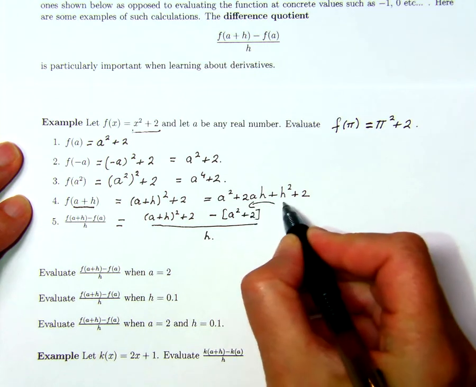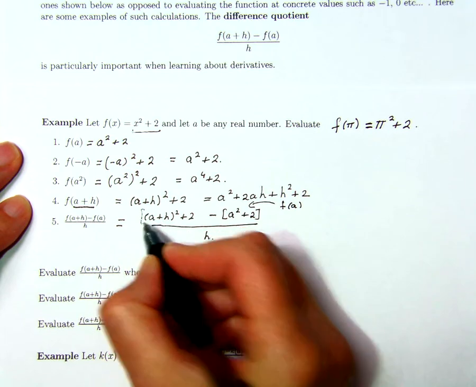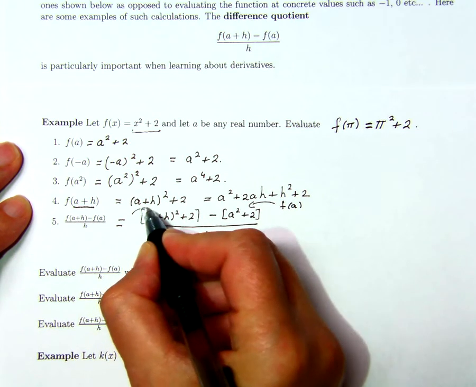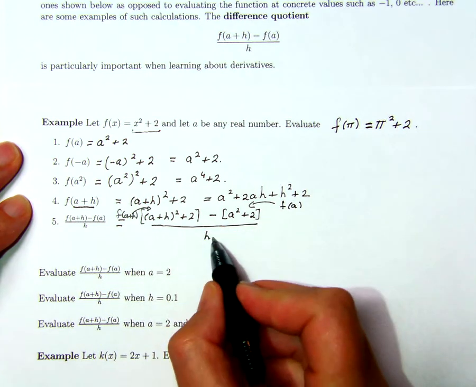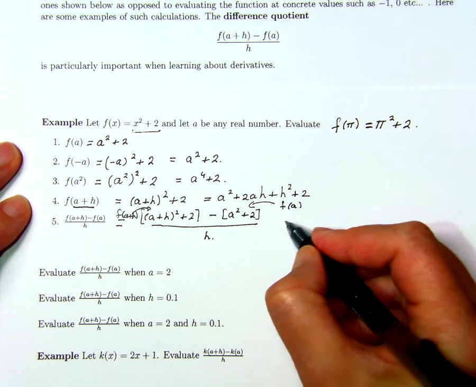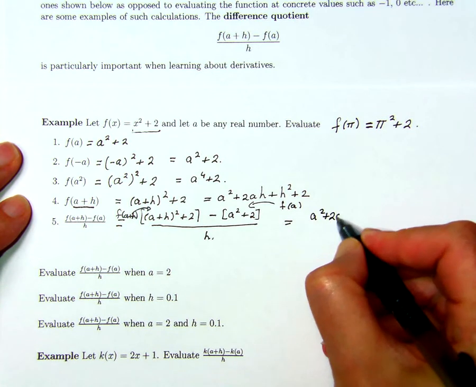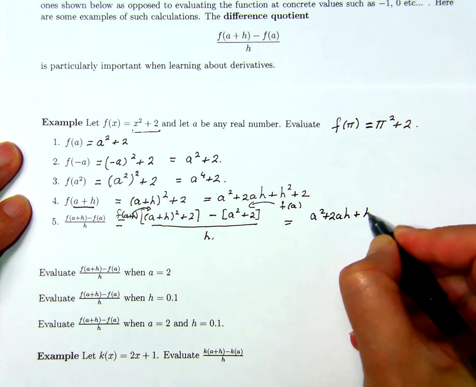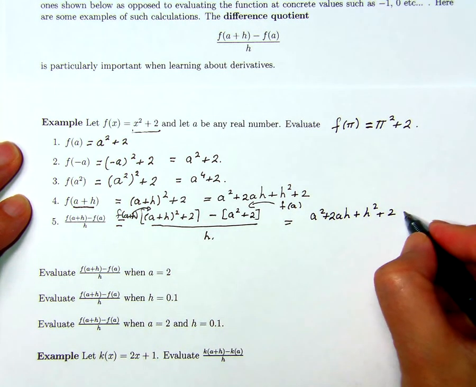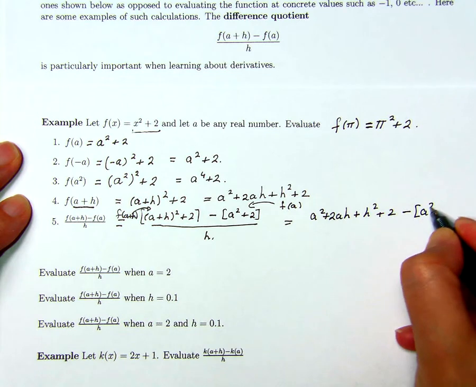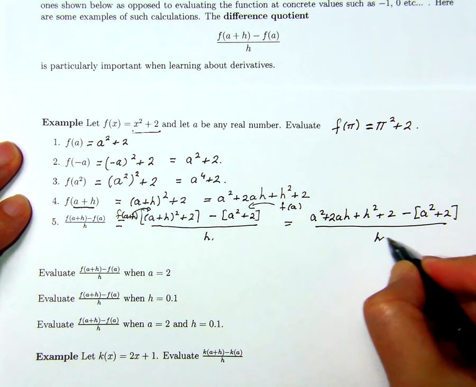This part is f of a plus h, and this is the h in the denominator. Now I can expand that a little. That's a squared plus 2ah plus h squared plus 2, that's expanding f of a plus h, minus a squared plus 2, all over h.